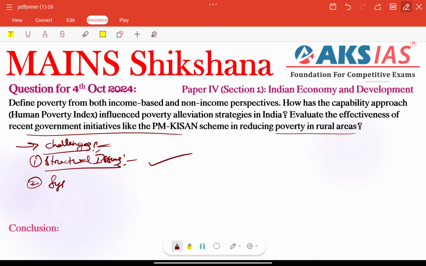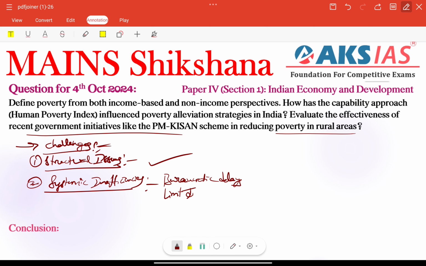Next, we have systemic inefficiency, which is also very important. Systemic inefficiencies, for example, bureaucratic delay or limited infrastructure.